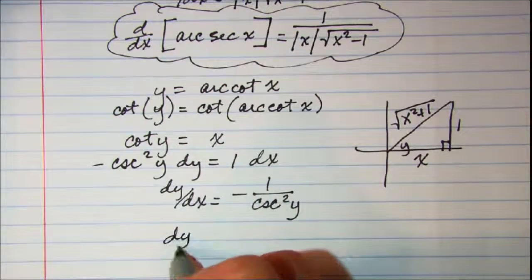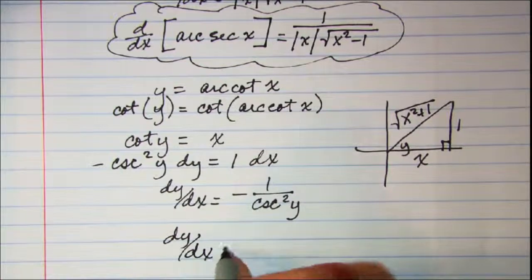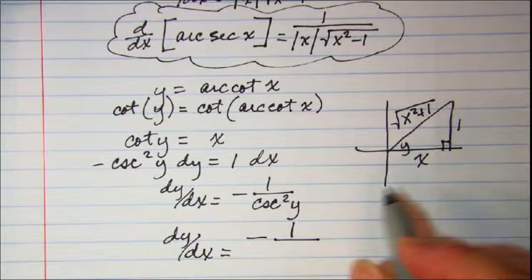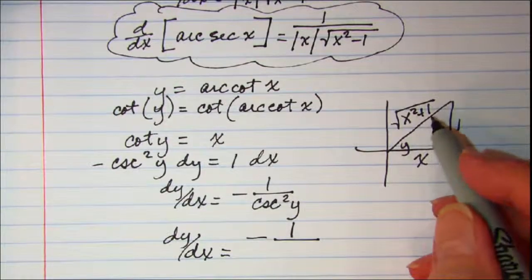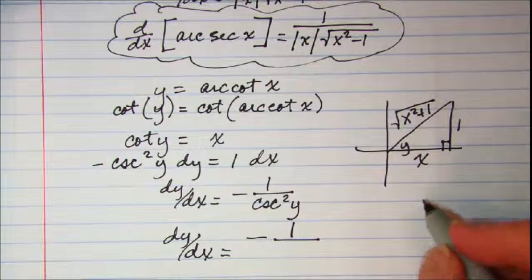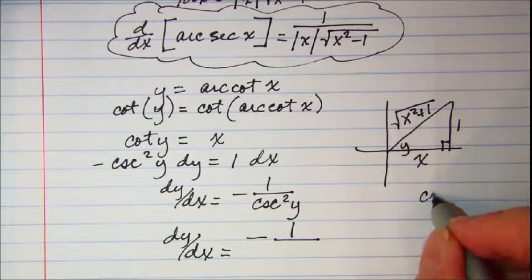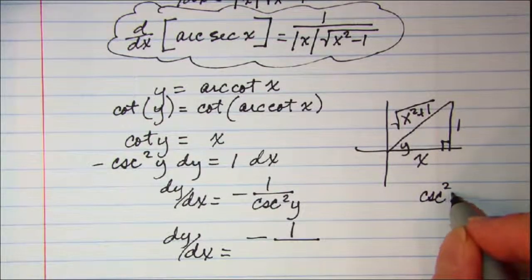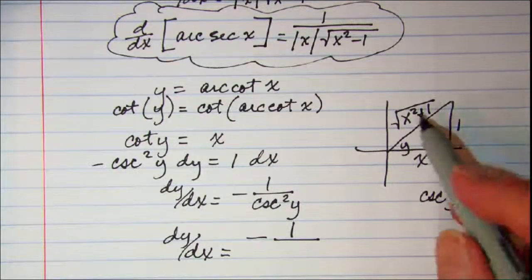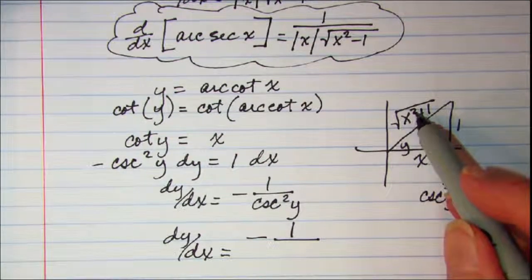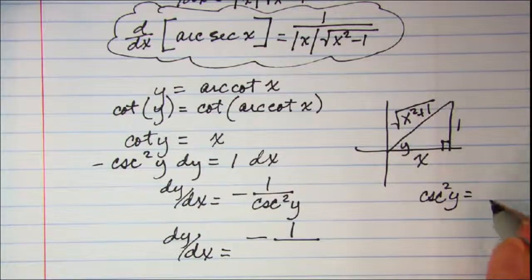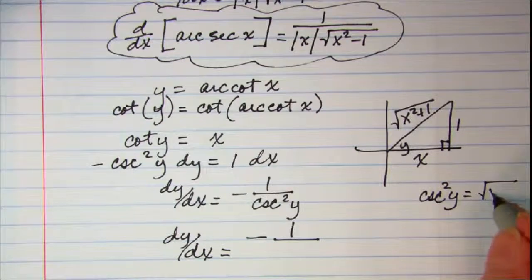We have dy dx is equal to a negative 1 over, and my cosecant here, let me put that over on the side, cosecant squared of our angle is going to be square root of x squared plus 1 over 1, and then that's squared.